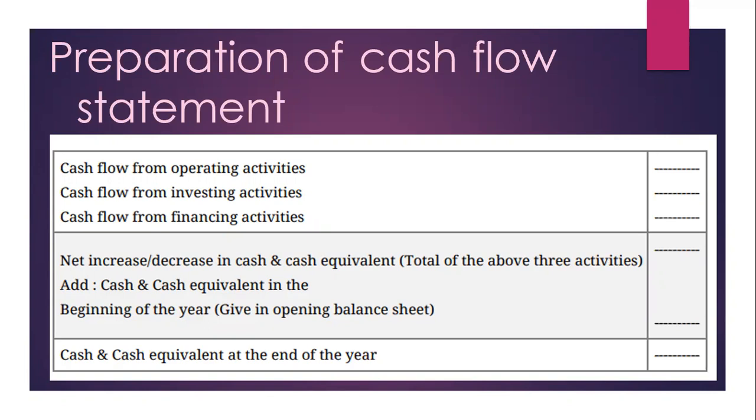The net amount is considered as net, either increase or decrease in cash and cash equivalents out of these three total activities. Then the cash balance at the beginning of the year that was given in the balance sheet should be added, and the final answer of the cash flow statement is the closing cash balance of that particular year.